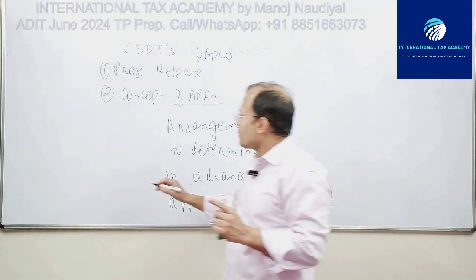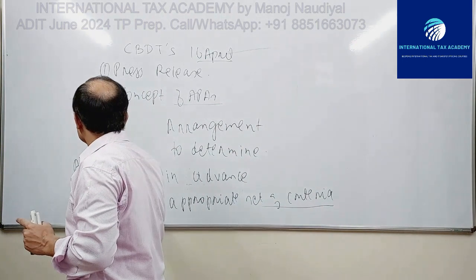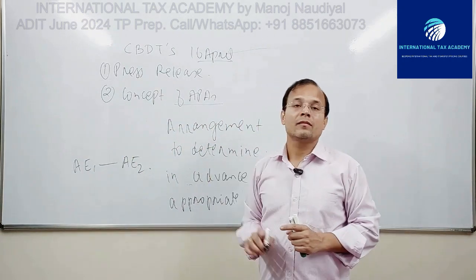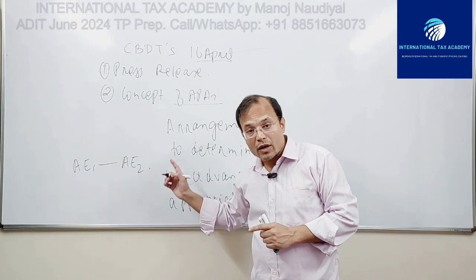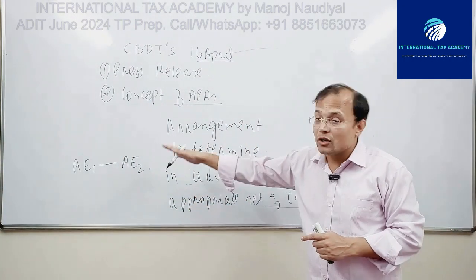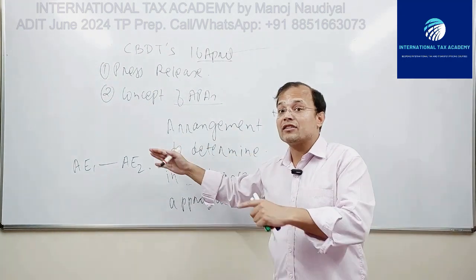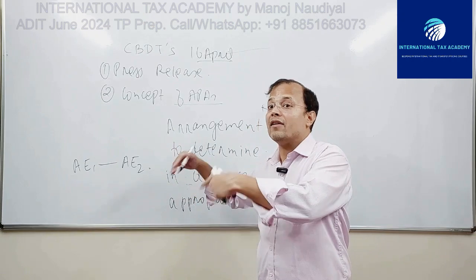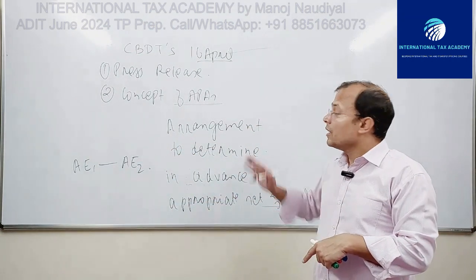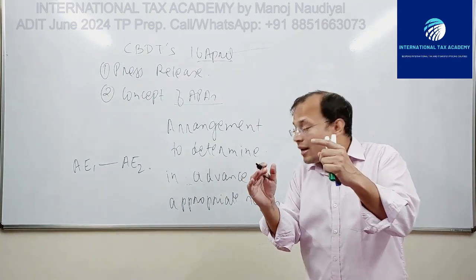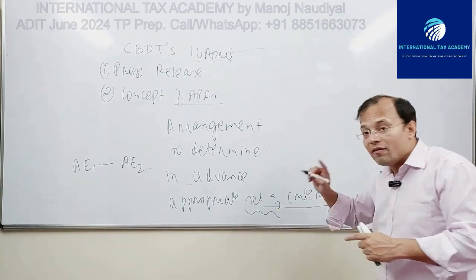For example, the M&E group wants to undertake this control transaction, and supposing this control transaction is the subject matter for the APA, then before this control transaction is actually undertaken, that is in the advance of this control transaction, taxpayers will negotiate with the tax authorities and an appropriate set of criteria will be determined.